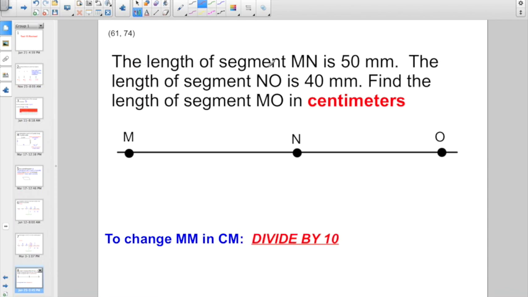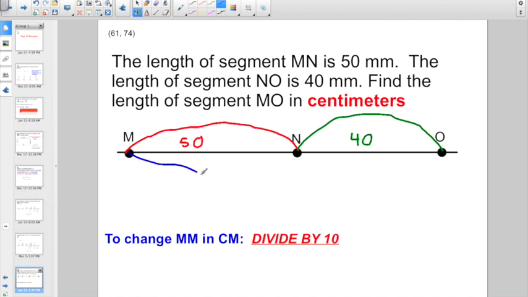Check out here. The length of segment MN from M over to N is 50 millimeters. The length of segment NO from N to O is 40 millimeters. And they want to know the length of the whole segment MO, only they want to know the length in centimeters.